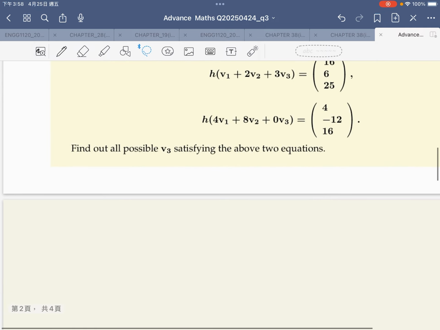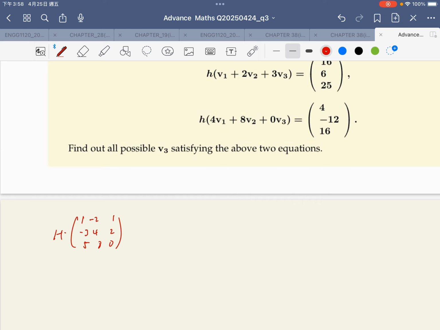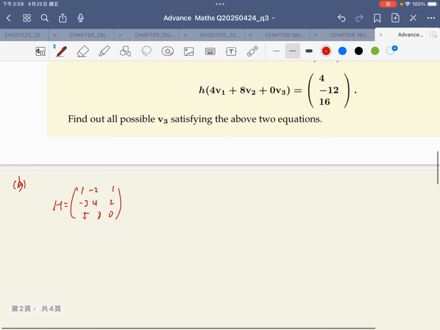Okay, I write here part B. This is H. Then the column space should be, yes, column. And I take the transpose first.